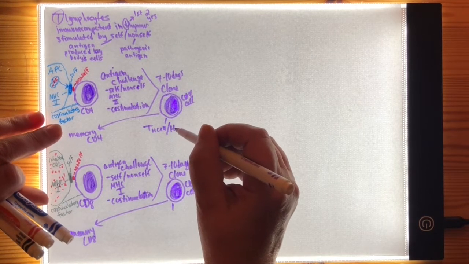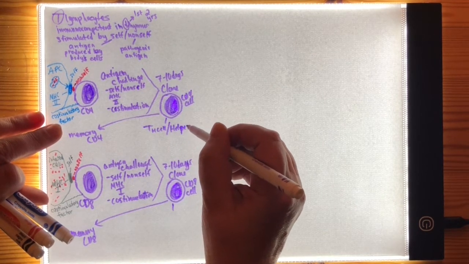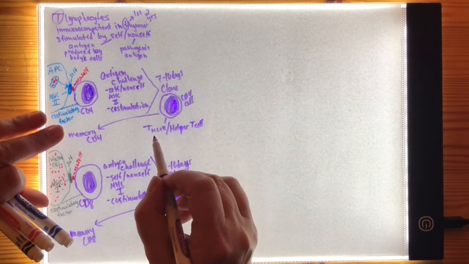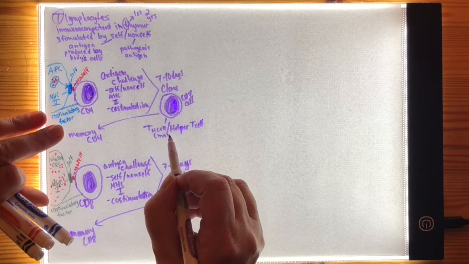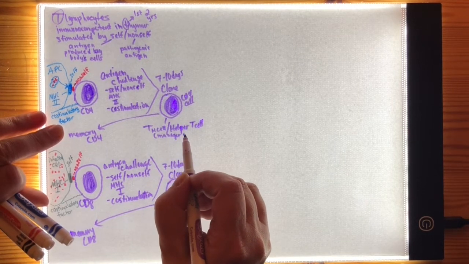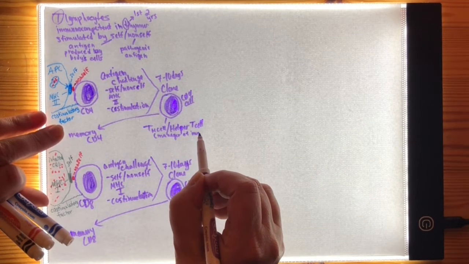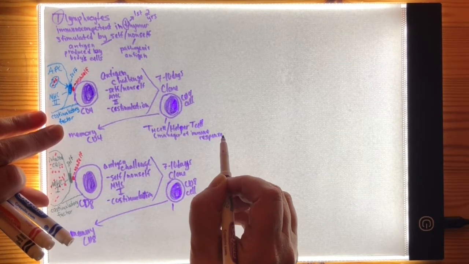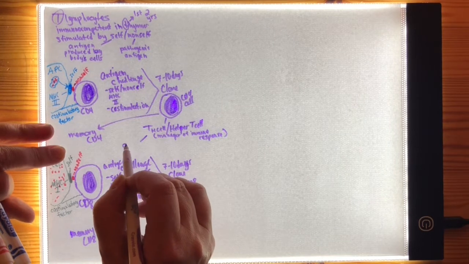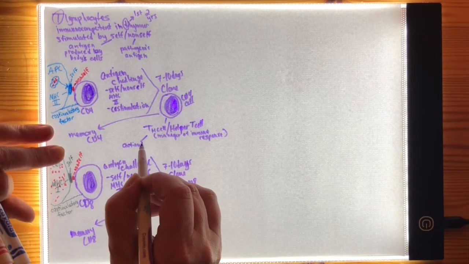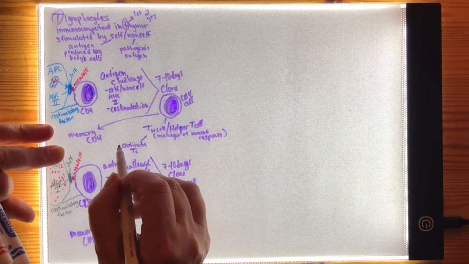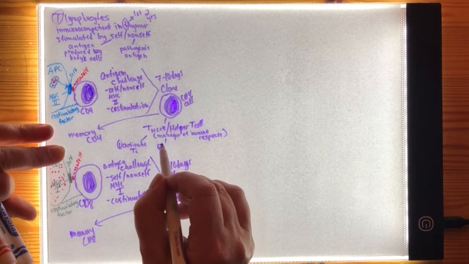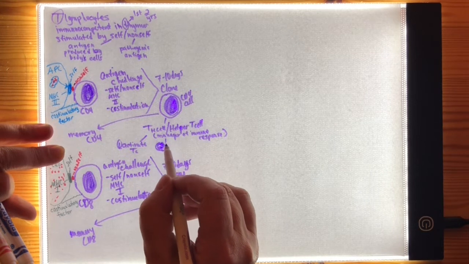So what else? The CD4 cells will be able to clone themselves into T sub H cells, or helper T cells. Helper T cells are called the managers of the immune response, and with good reason. Although they themselves do not actually consume anything or directly attack anything, they basically enhance everything that goes on in the immune system. So first of all, they're able to activate your T sub C cells, which we will talk about in a moment, cytotoxic T cells. Secondly, helper T cells can release cytokines.